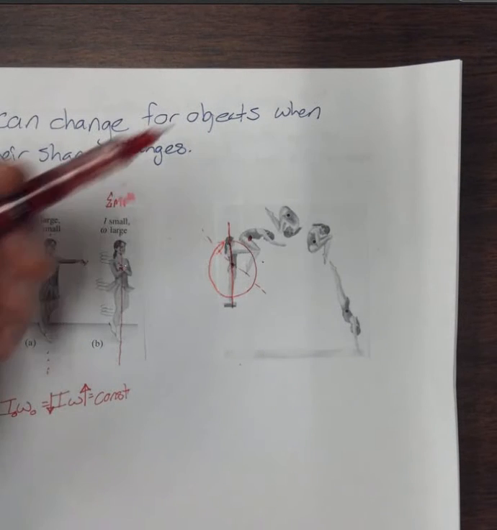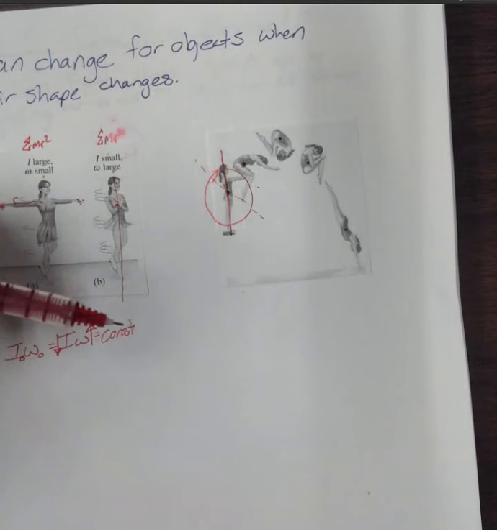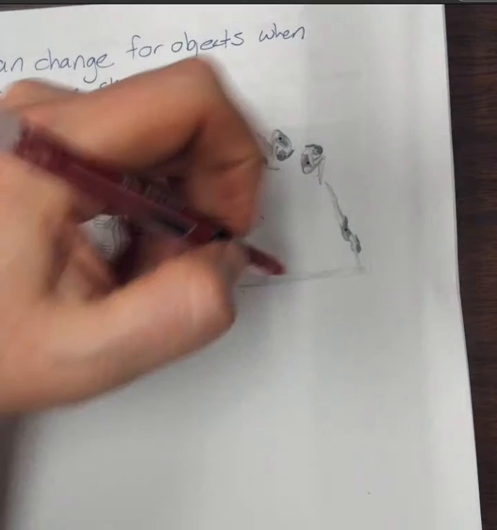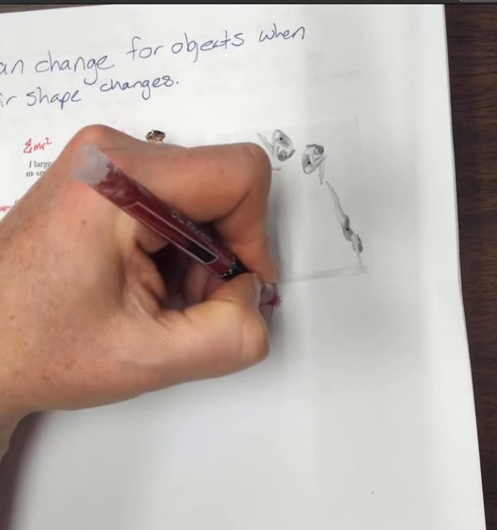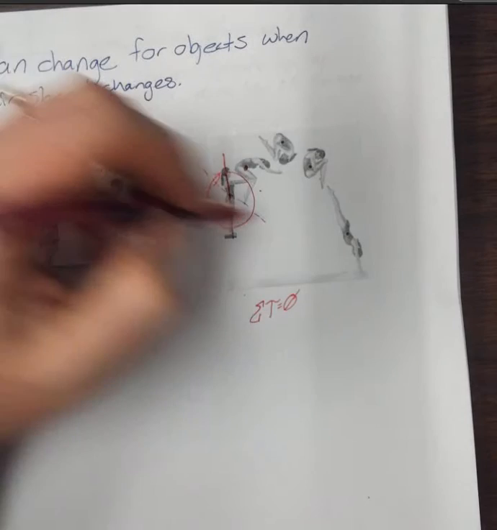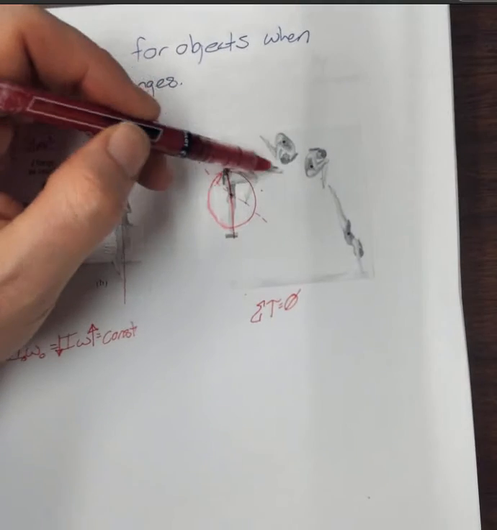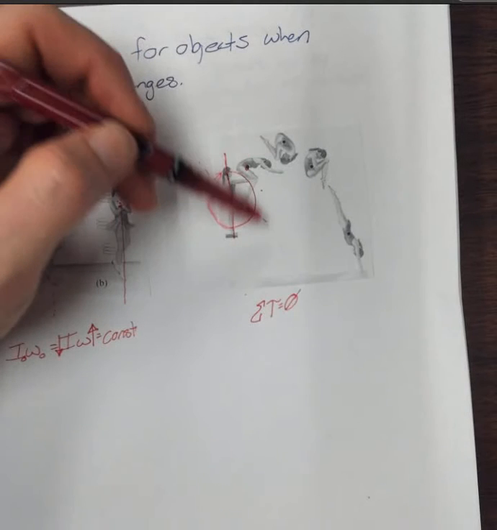One of the things that we want to keep in mind in this situation is that the net torque is equal to 0 because nothing here is applying a force to her body in a way that would cause a torque.